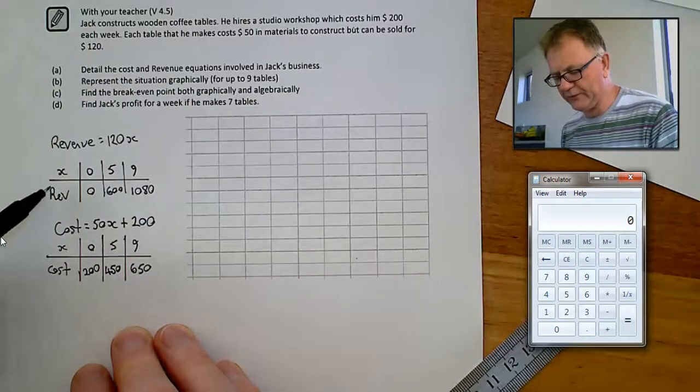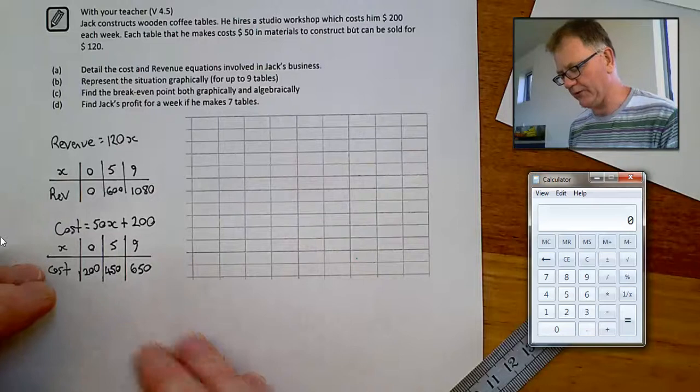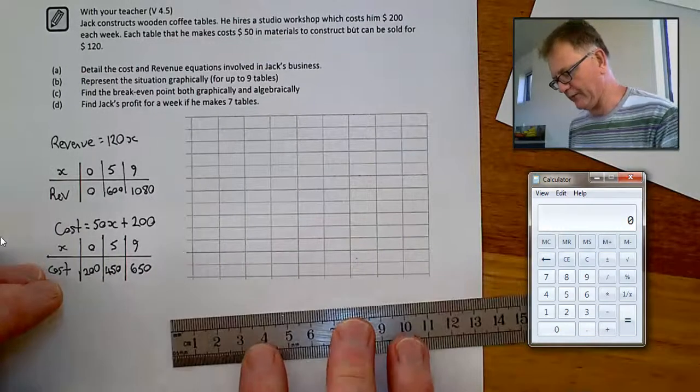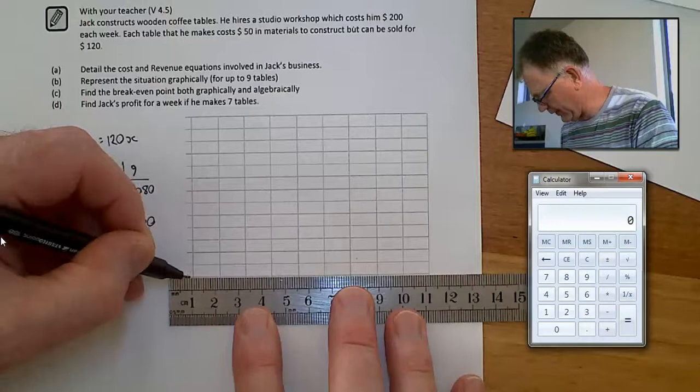This revenue is the amount of money he gets from selling the tables. This cost is how much it costs him to produce tables. Let's put both lines on a graph, and we have to do it for up to 9 tables. So I'm going to make this axis the number of tables up to 9.